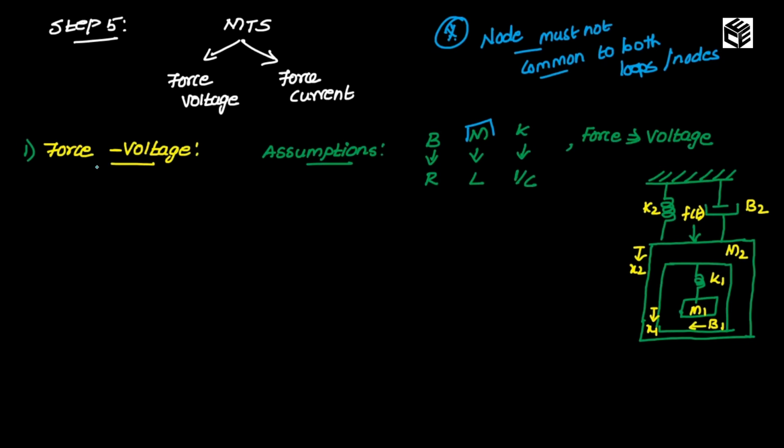So first we are going to draw the force voltage. So our first focus must be on the node. Node is mass. First focus must be on the mass. So we have two masses M1 and M2. So M1 is replaced as L1 and M2 is replaced as L2. Understood?